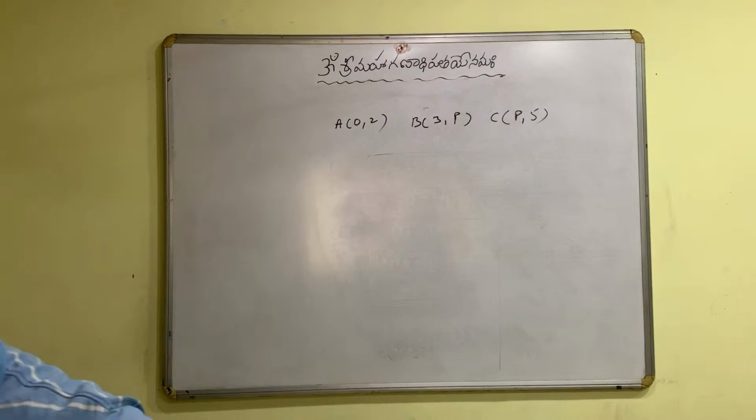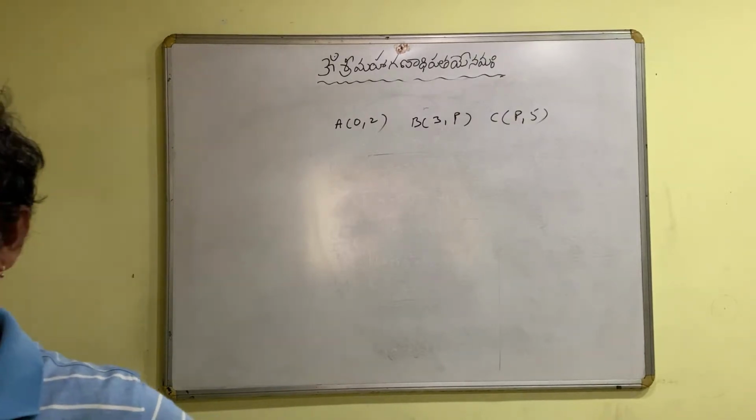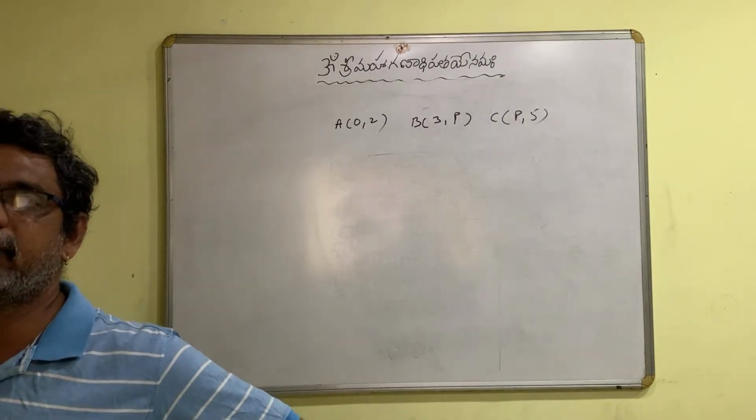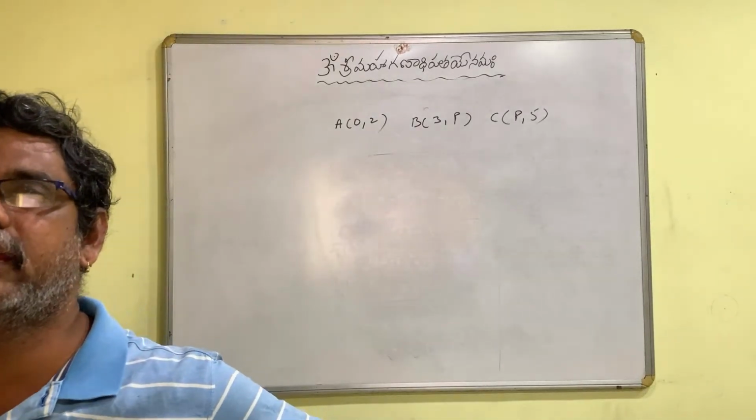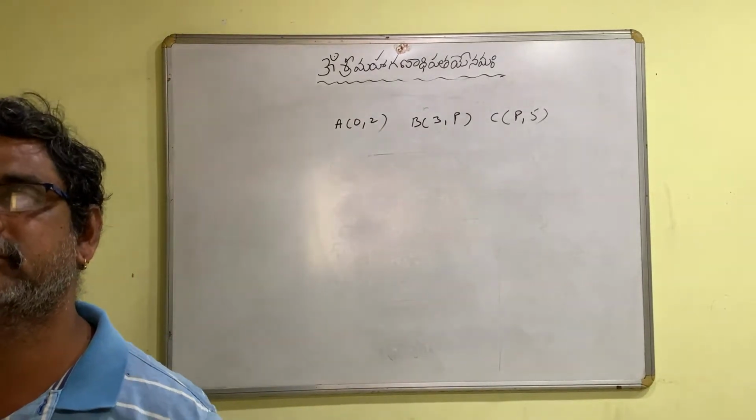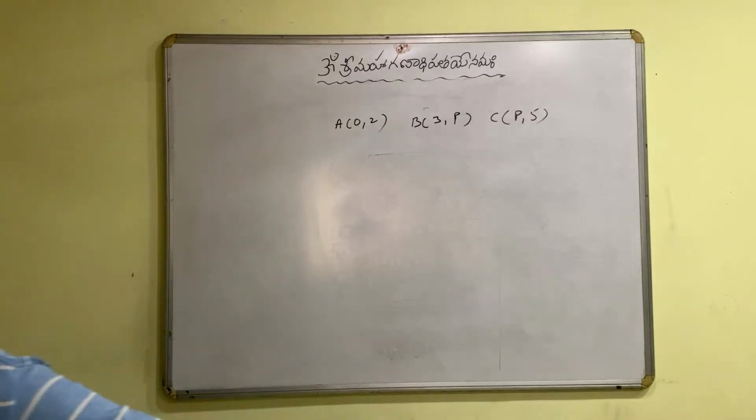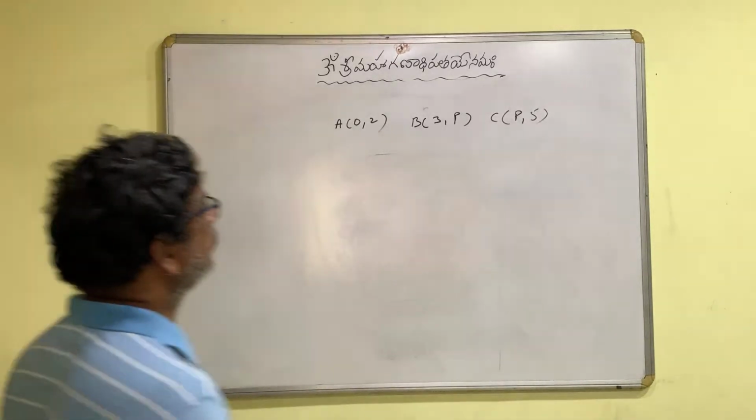Find the value of p and also find the length of AB. This is a CBSE 2014 exam question.